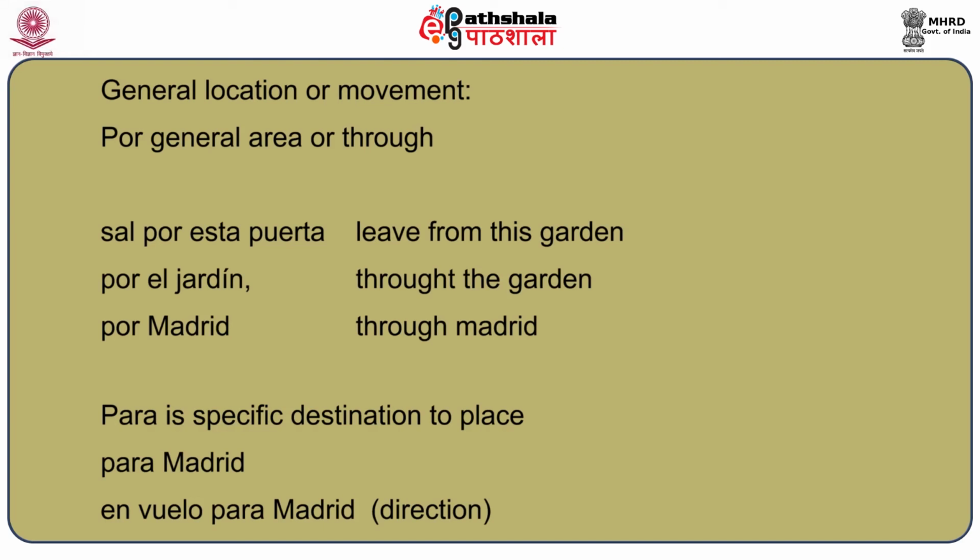Para is a specific destination to a place. Para Madrid. En vuelo para Madrid gives the direction of the flight towards Madrid. In the sense of duration, point in time versus deadline, let us compare both para and por.